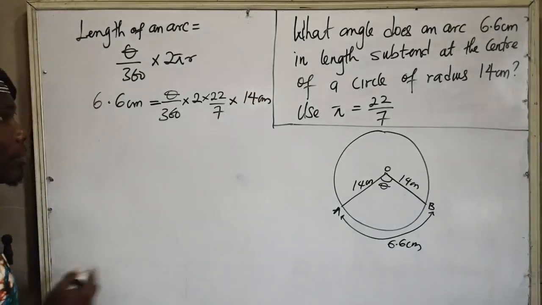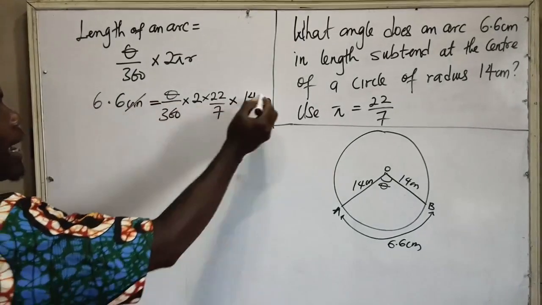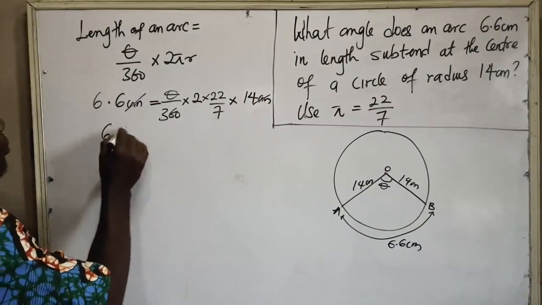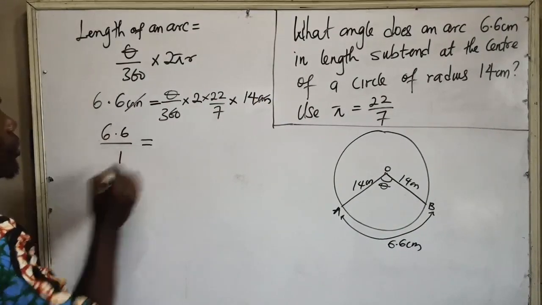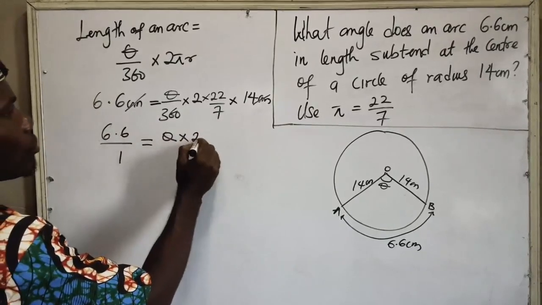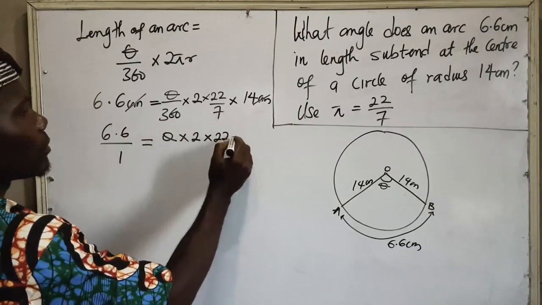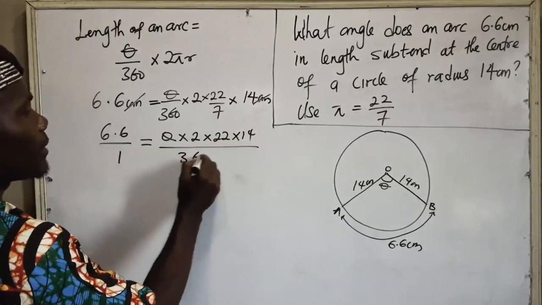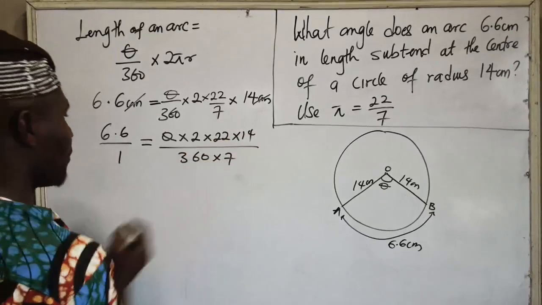So we can cancel centimeter first. This can be over 1, which is equal to theta times 2 times 22 times 14 divided by 360 times 7.